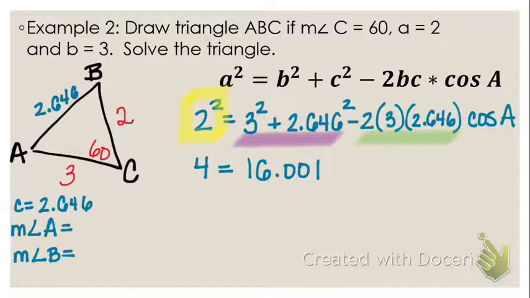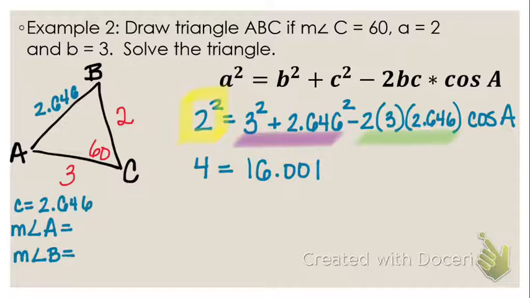So I'm typing in 3 squared plus 2.646 squared. Yeah, so 16.001. Does everyone see that?